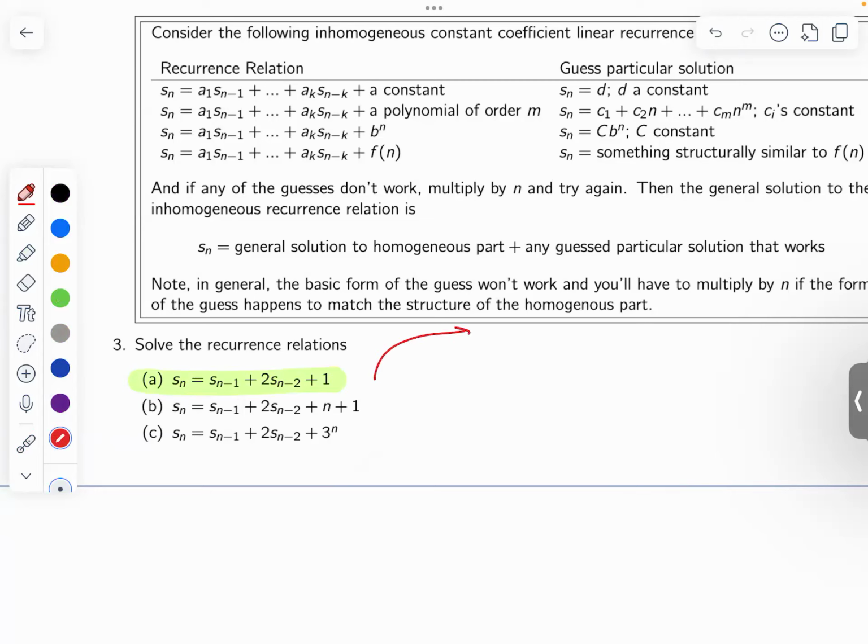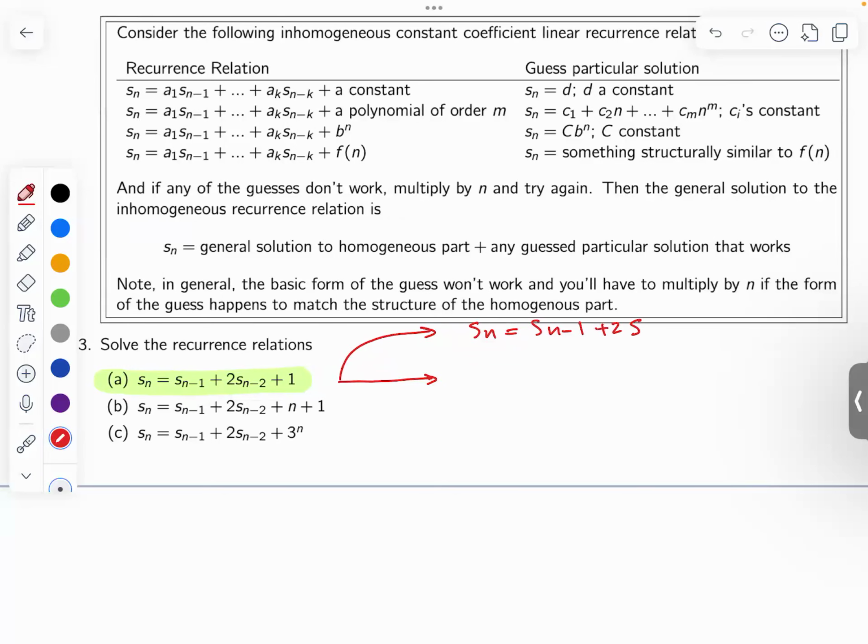So to solve this one, you will solve the homogeneous part, and you will solve a particular solution. We know how to solve the homogeneous part.